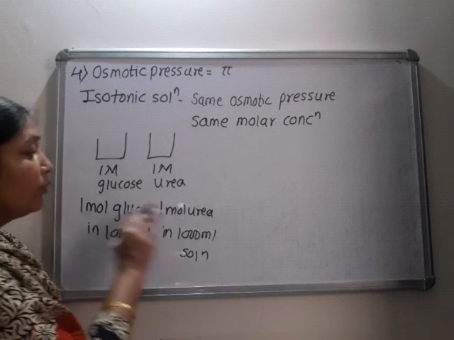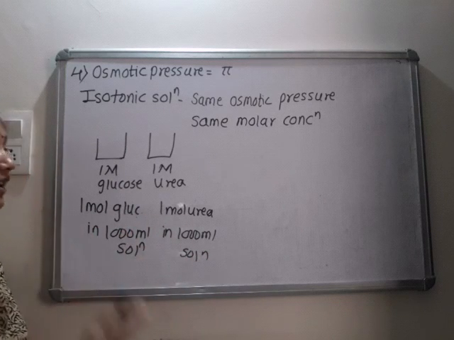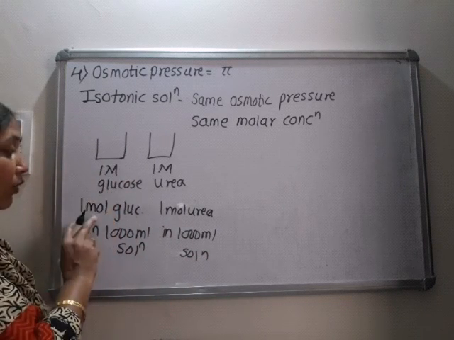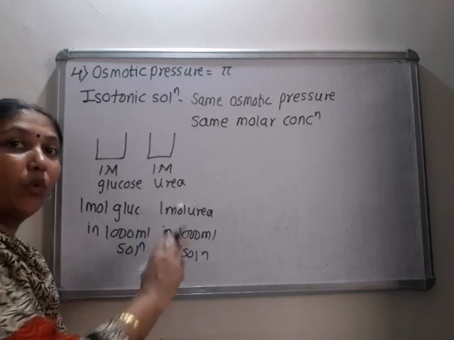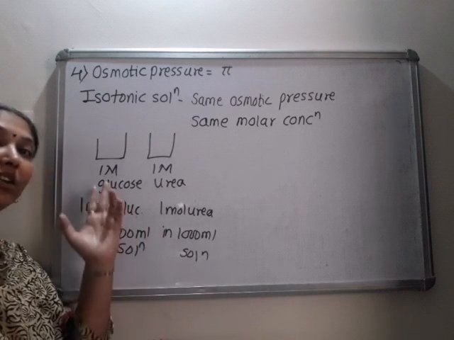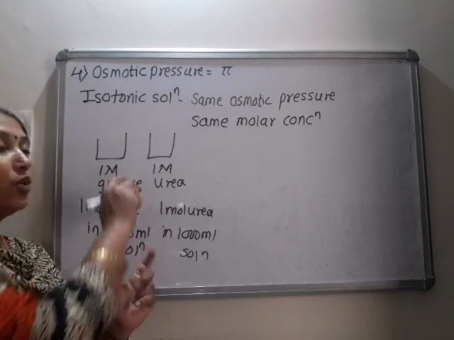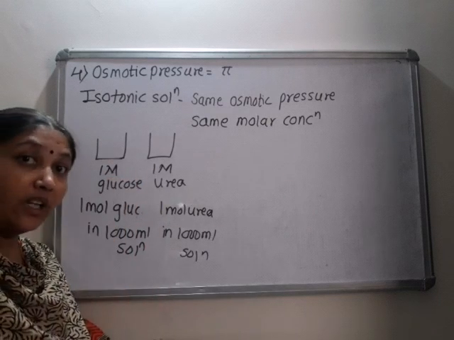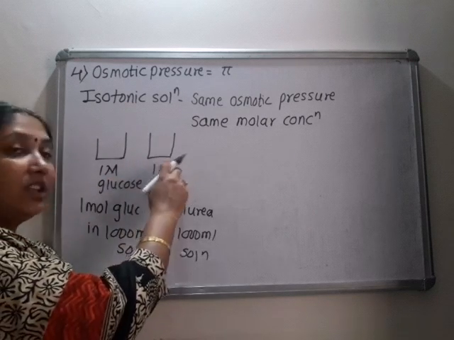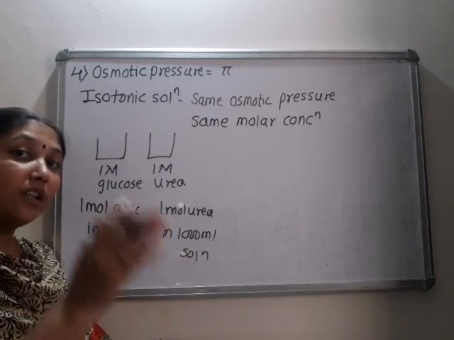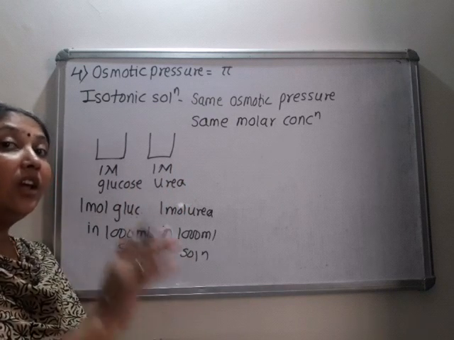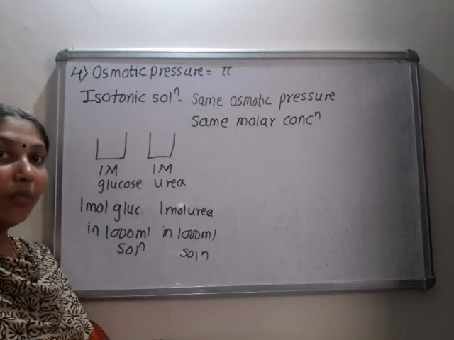Clear? So their molar concentration is the same, meaning 1 mole of glucose and 1 mole of urea. Means how many particles of glucose? 1 mole is Avogadro number of particles. So this solution contains 6 into 10 raised to 23 glucose particles. Even this solution contains 6 into 10 raised to 23 urea particles.